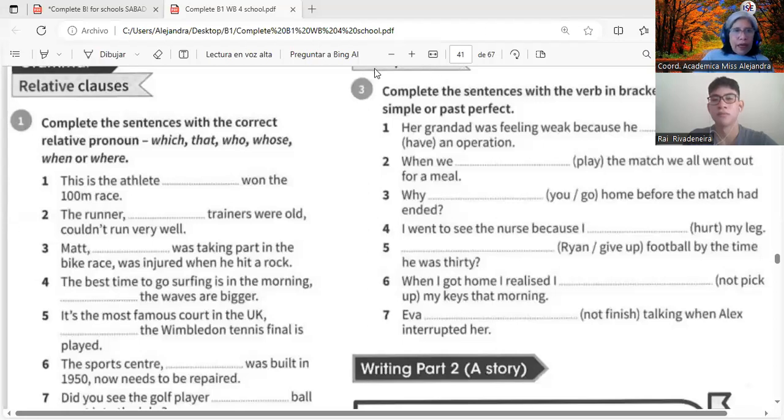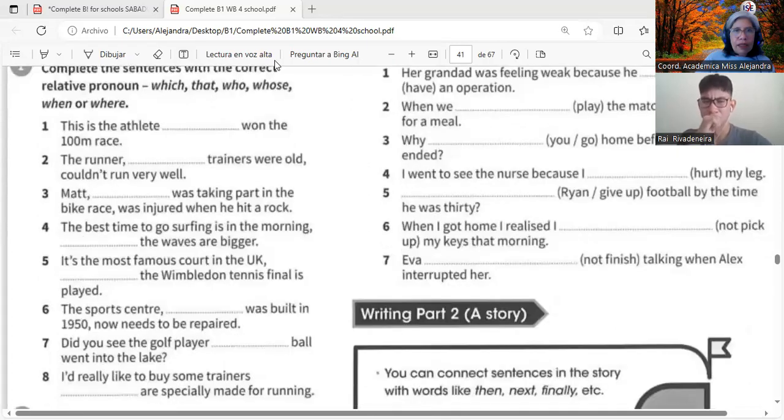I'm looking for the workbook 9. Sports, reading, relative clauses. Okay, let me share.